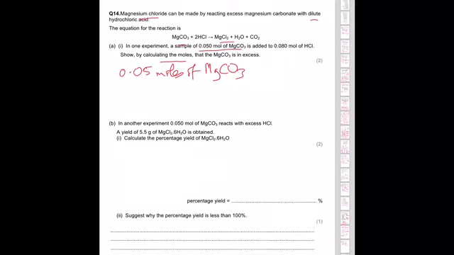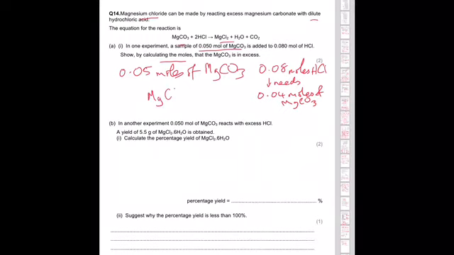That's essentially what they're trying to show you. So let's just expand upon that. So 0.08 moles of HCl only requires 0.04 moles of magnesium carbonate. Why? Well, it's to do with the ratio from the equation.